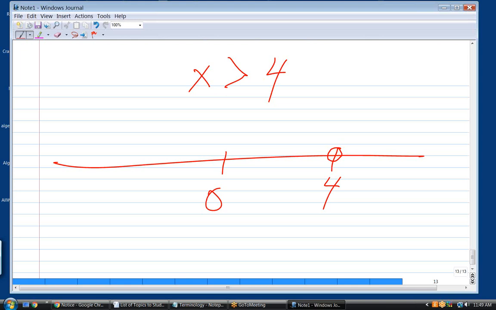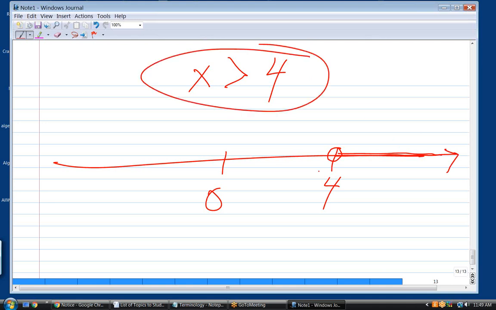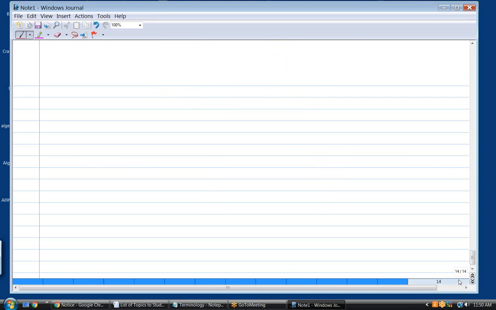Just from 4 and then draw an arrow to the right. The arrow says that it goes on to infinity. Make sure that reflects that. Yeah, that's x greater than 4. That means that's any number as long as it's greater than 4, not 4.